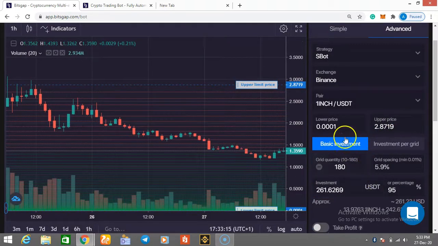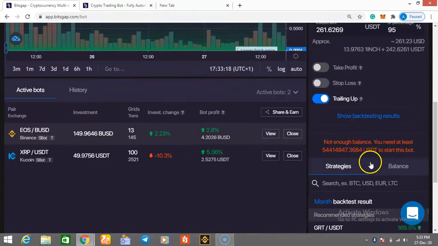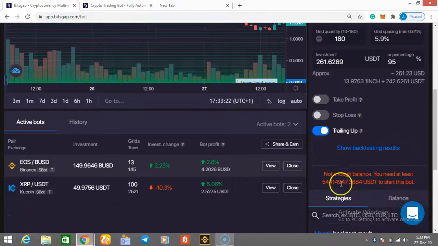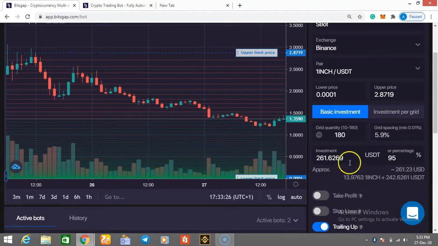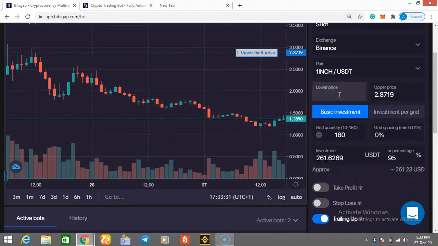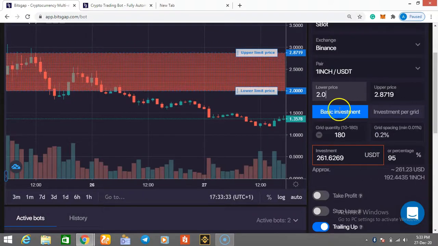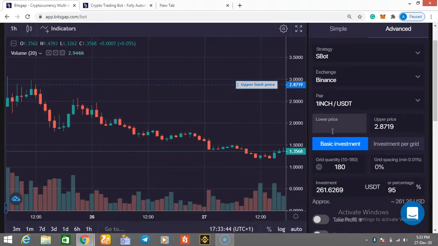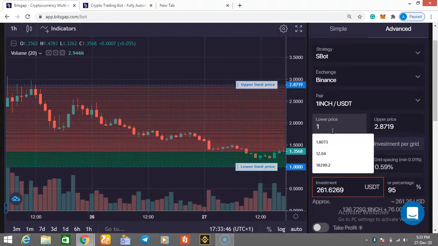Okay, look at this. Right now, if I want to launch this bot with this price range, I need a minimum of 54 million USDT. But I'm not going to try that. So let me say that the range is 2.0. Let me say like 1.5.